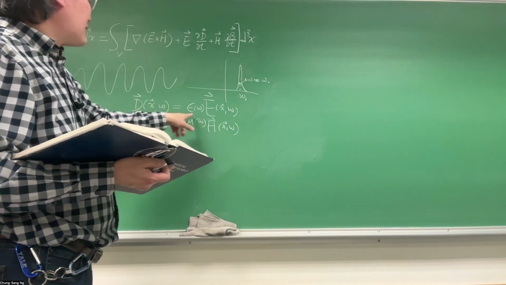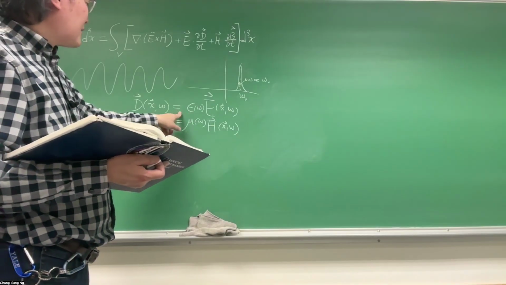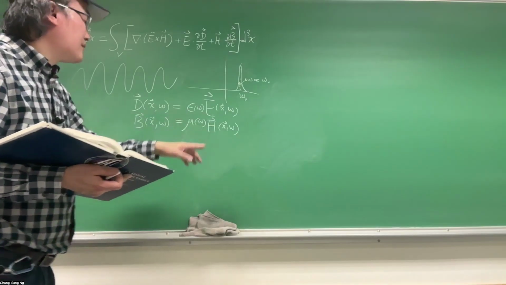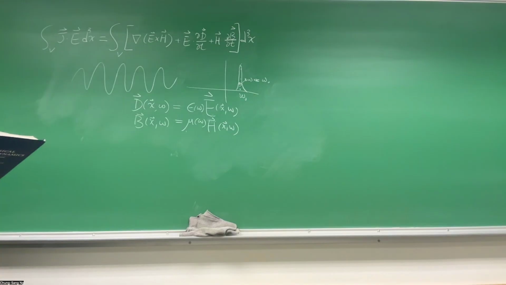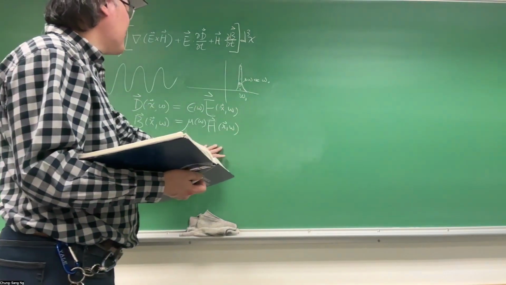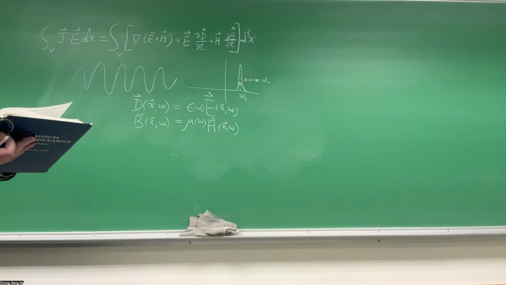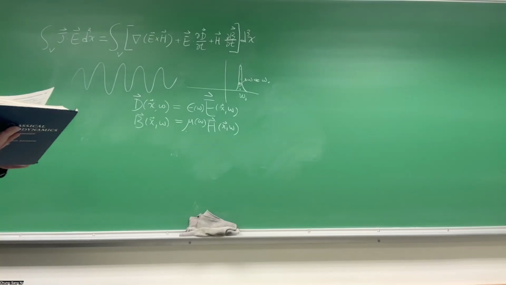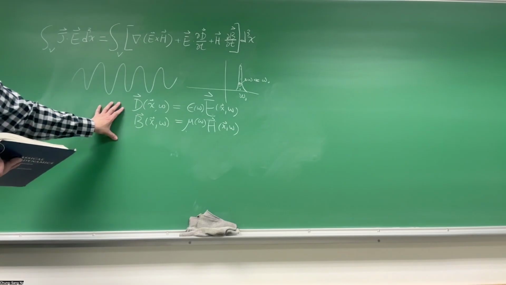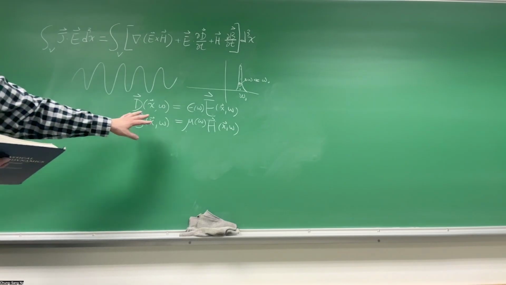If you do a Fourier transform, then they can be related linearly, unless you have nonlinear terms. We ignore all the nonlinear terms, so something like that should happen. But that is still not the most general case.